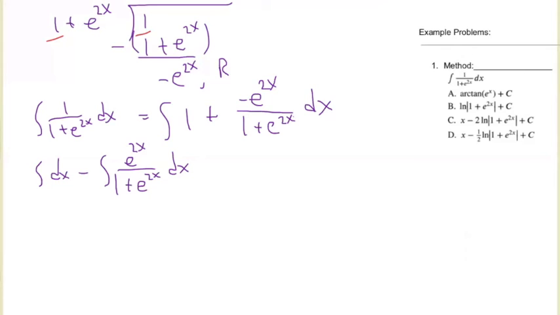Our U is going to be 1 plus e to the 2x, so du dx is going to be e to the 2x times 2. Solving for dx.